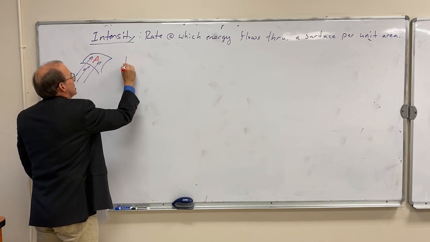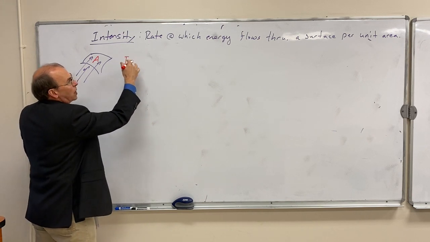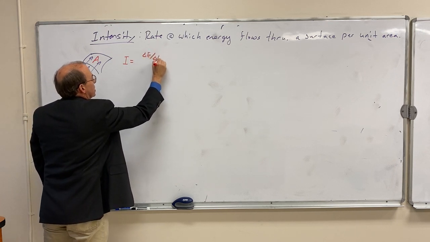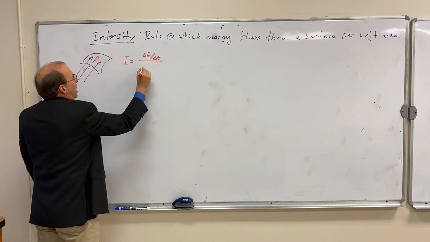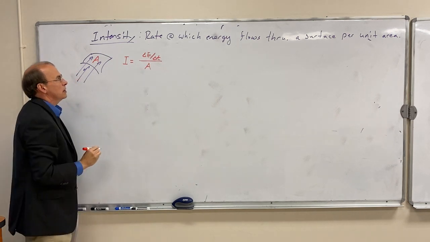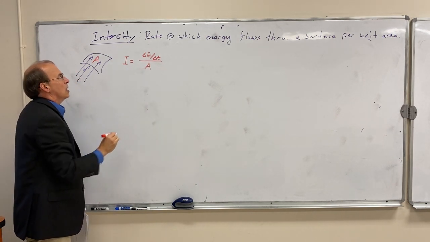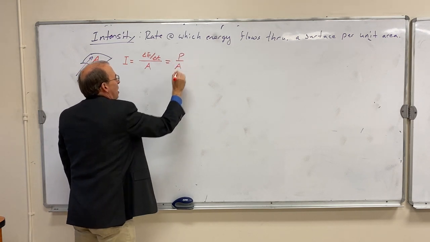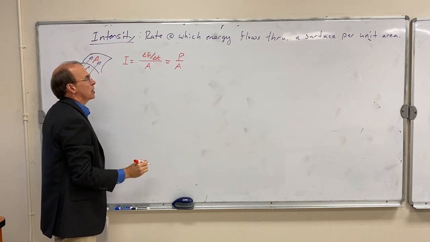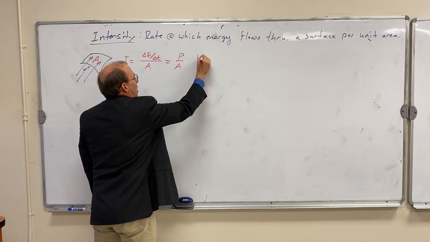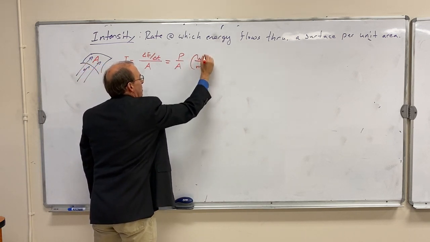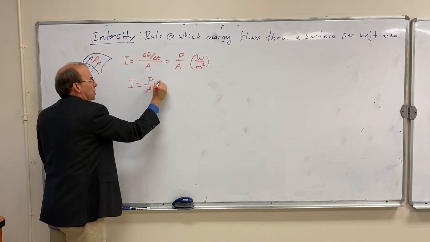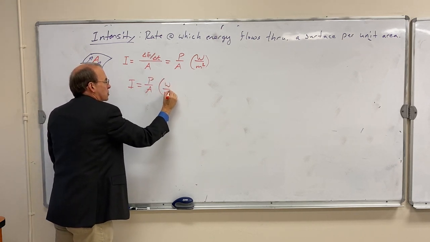The intensity I is the rate of energy flow, so that's delta E over delta T divided by the area A. But delta E over delta T is power, so that's just power over area. Power has units of watts, area has units of square meter, so we just got intensity is power per unit area in watts per square meter.